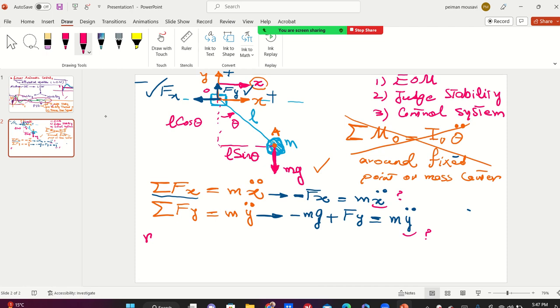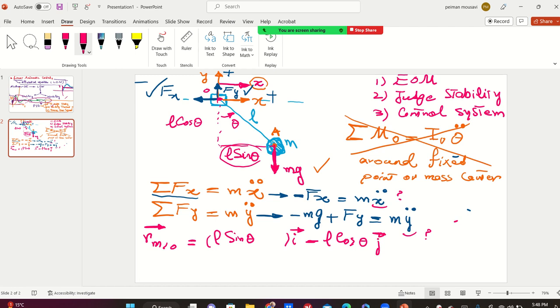The position vector of the mass with respect to point O is L sine theta in the I direction minus L cosine theta in the J direction. Y is minus because it's under the datum here. That's right. Clear, everybody?